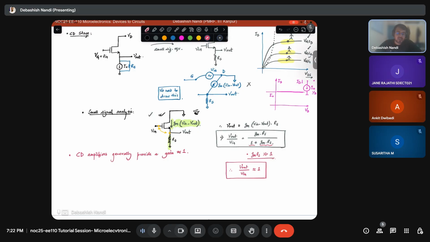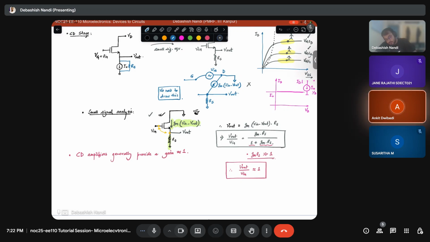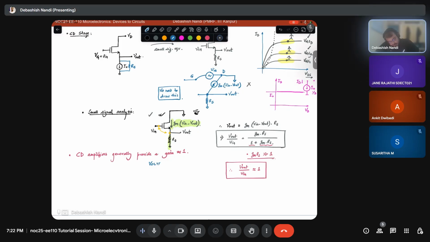So what is the significance? When do I need a gain of 1? We can use it as a buffer, a voltage buffer.